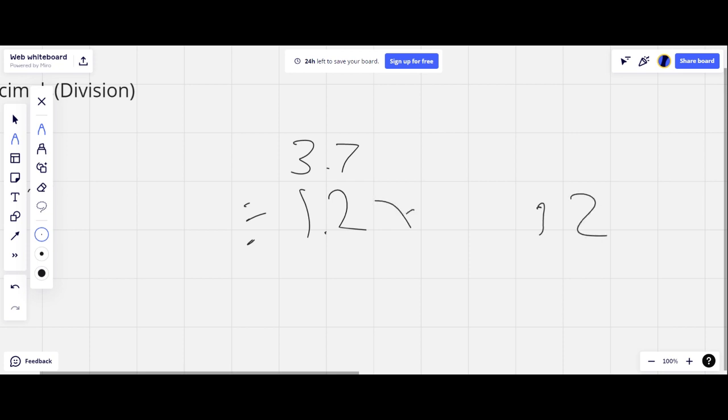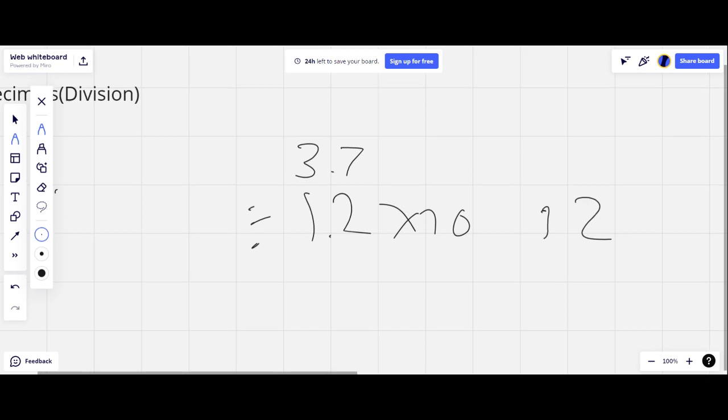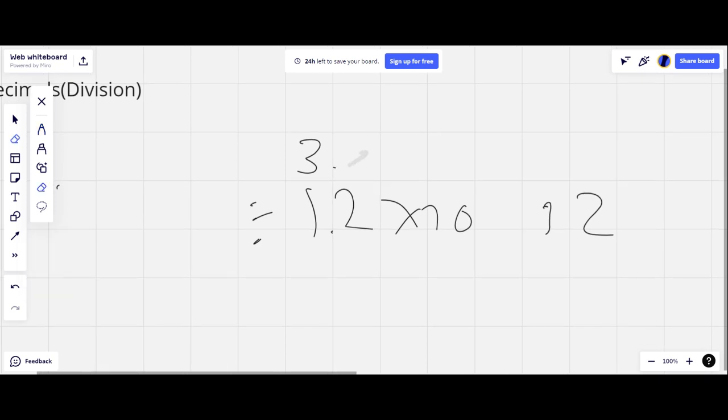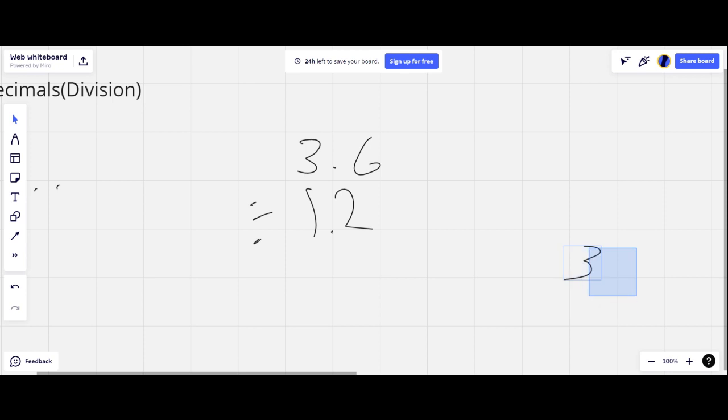And 3.7, let me change that to 3.6. 3.6 times 10 as well equals 36. 36 divided by 12 is 3. So that's easy. The answer is 3, right? You could just go and do that.